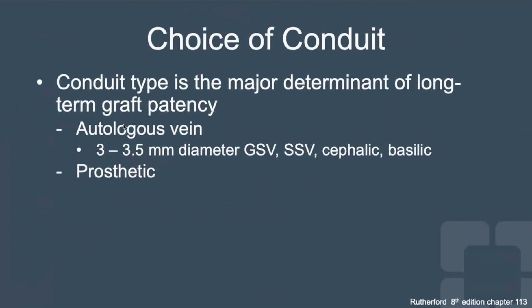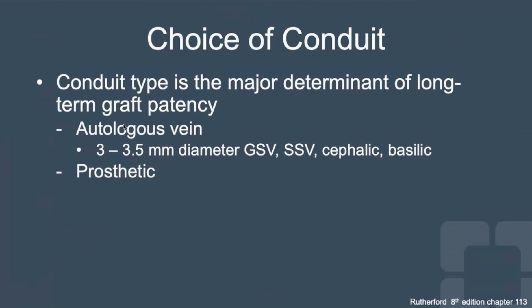The conduit choice, and this is not just my personal opinion, the conduit type is a major determinant of long-term graft patency. As long as the patient has good inflow and good outflow, the conduit is critical. Typically, I like to use autologous vein, and I usually select these veins if they're over 3 to 3.5 millimeters in diameter.